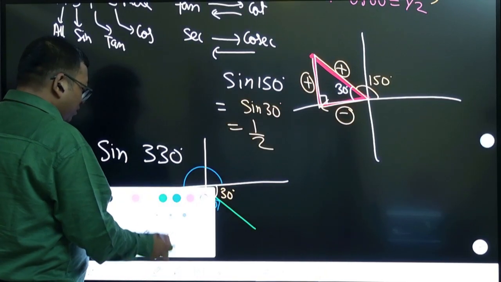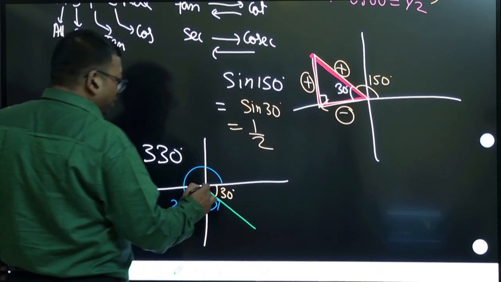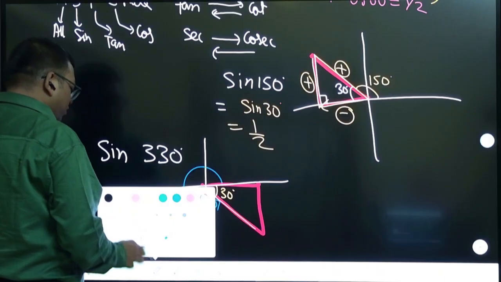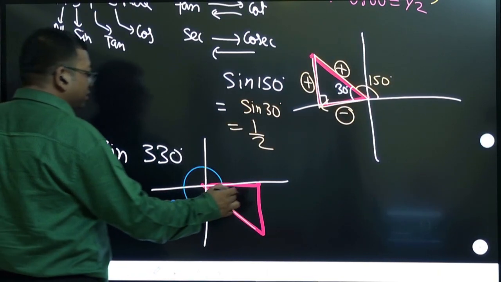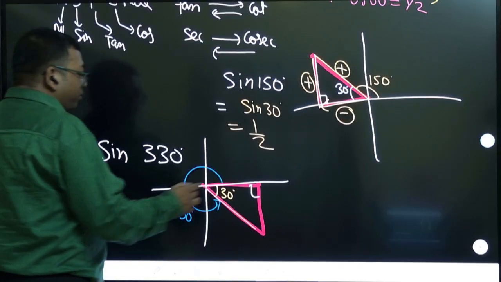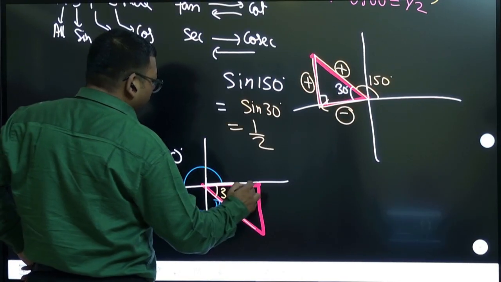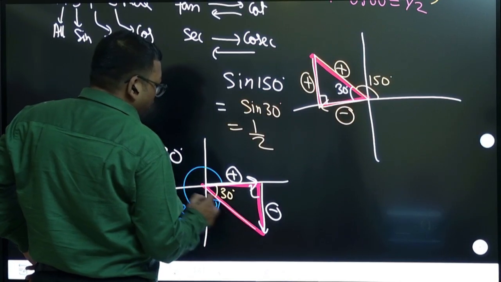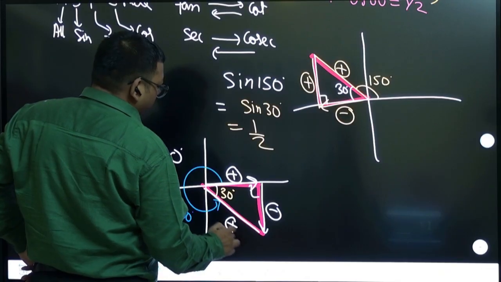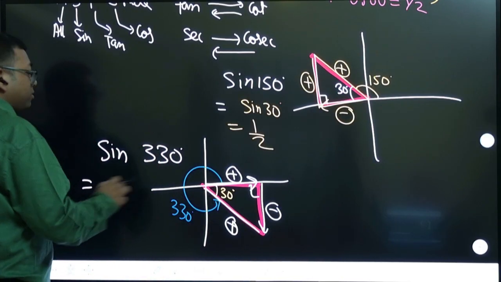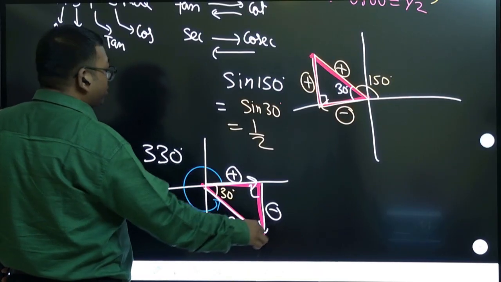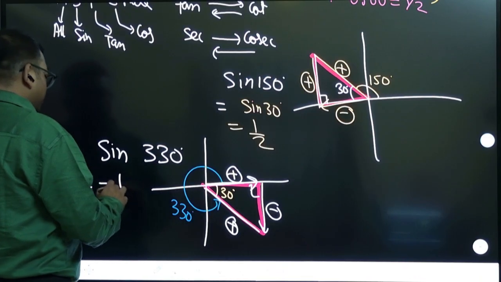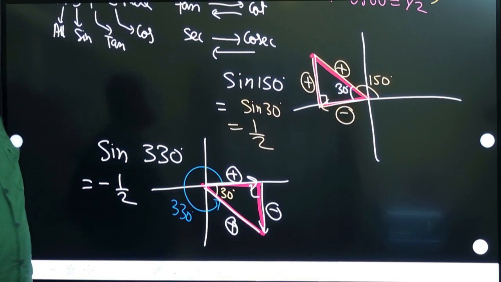Now I will make the triangle this way. So instead of calculating for 330 degrees, I'll calculate for 30 degrees in this triangle. And note that here this is going to be positive and this is going to be negative. Hypotenuse is always positive. So I have to write the value of sine 30, but note that the perpendicular is negative. So I have to write minus, and sine 30 degrees is half. That's how I have to do it.